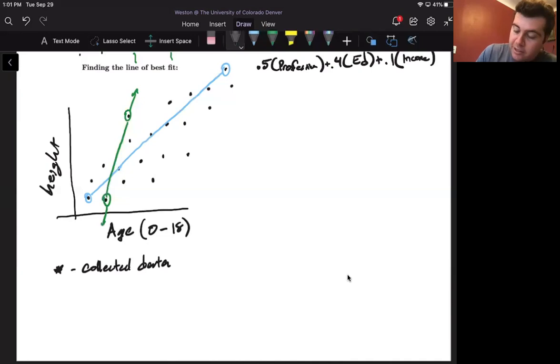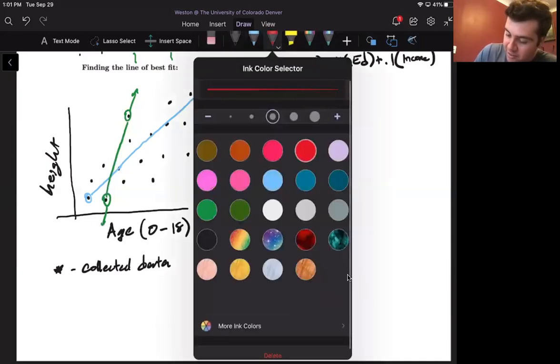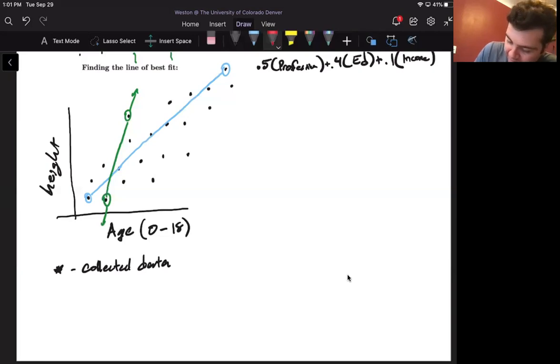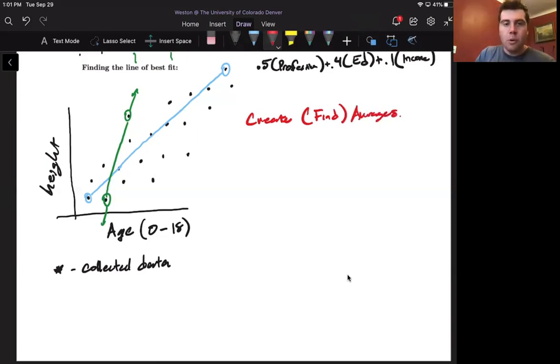And so what we're going to do is first change the color of this pen, and then find averages. So if we have multiple points collected for each age, we can just average those points. So then we would find that we have points along here.